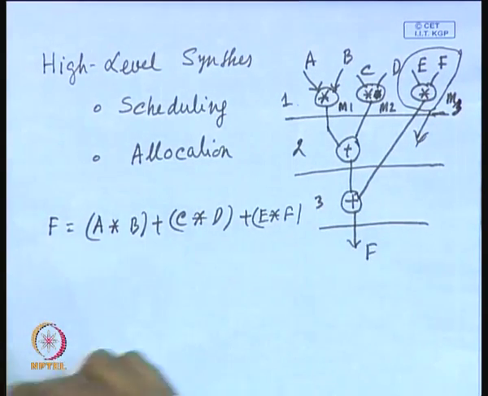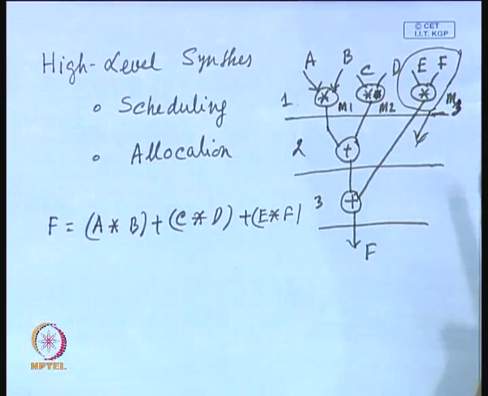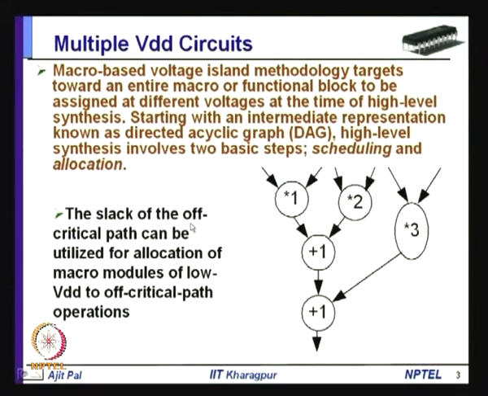Now, in this particular case, we are starting with a DAG. This is the directed acyclic graph as I have told, and then the slack of the off critical path can be utilized for allocation of macro level modules of low VDD to off critical path operations. So, look at this particular directed acyclic graph.